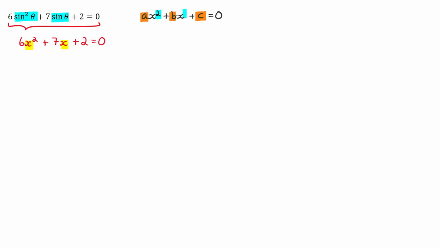And so our quadratic formula, when we went to use it, instead of x is equal, would become sine of x is equal. And then our coefficients would be, we know that a is 6, b is 7, and c is 2.